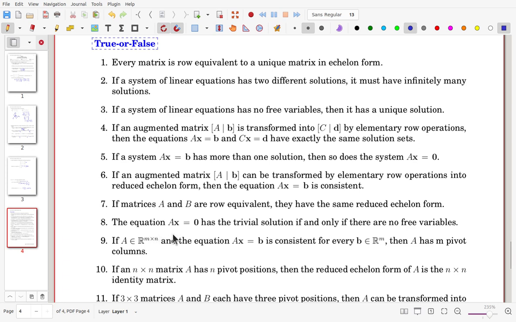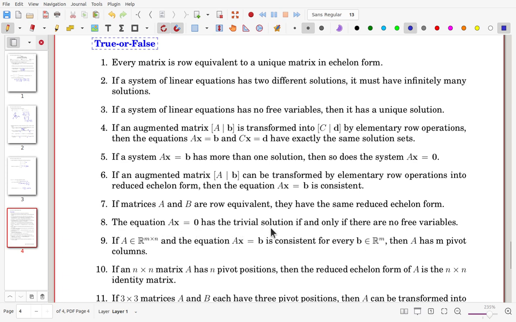The equation AX equals 0 has the trivial solution if and only if there are no free variables. Is it true? No, it may not.